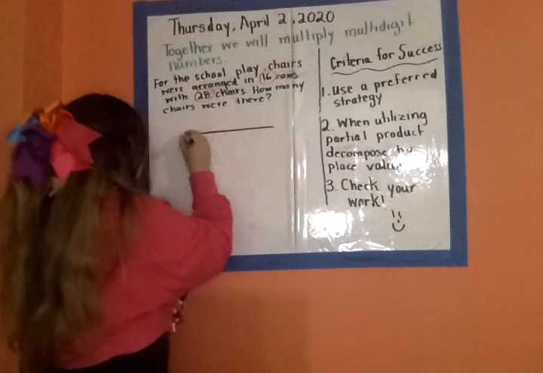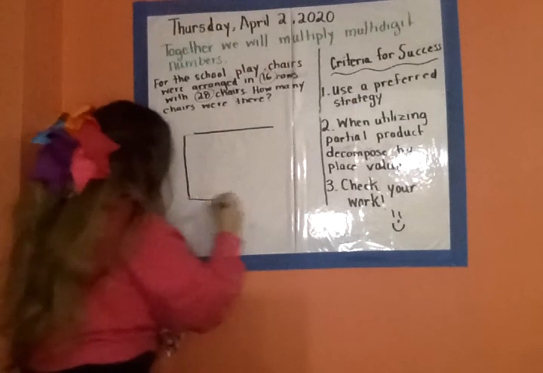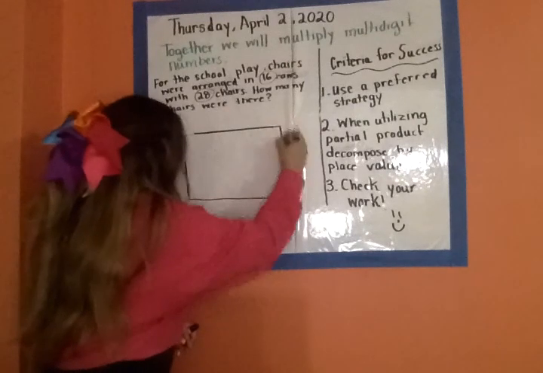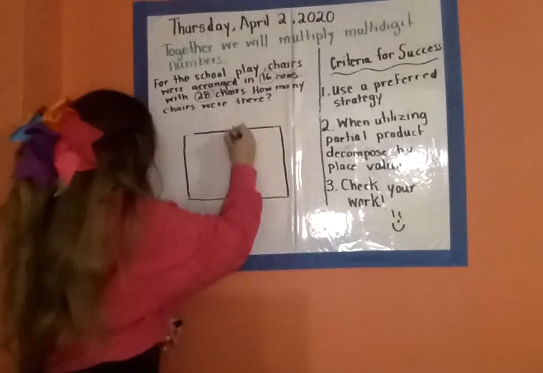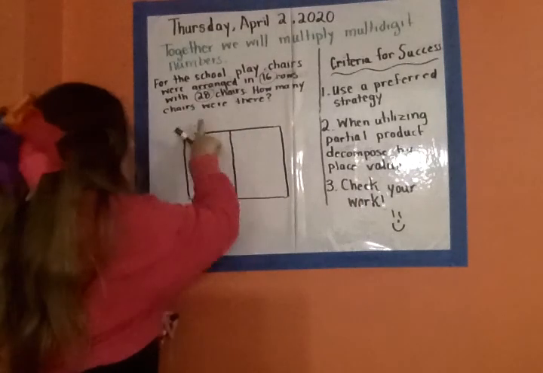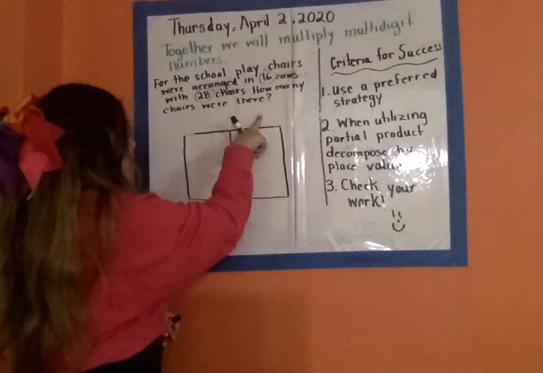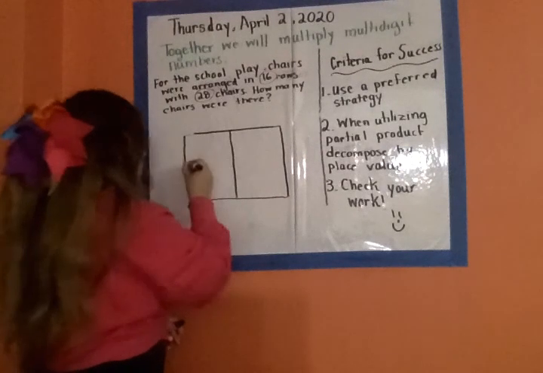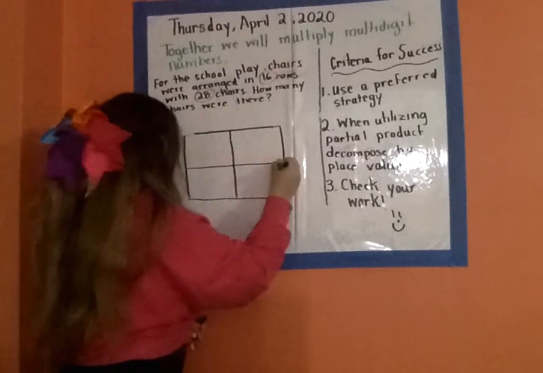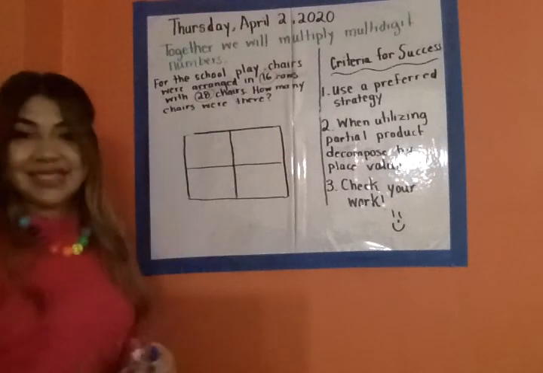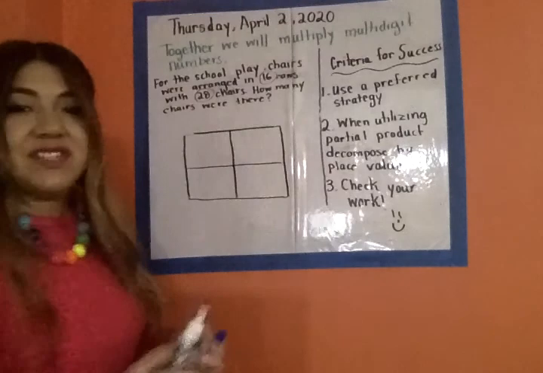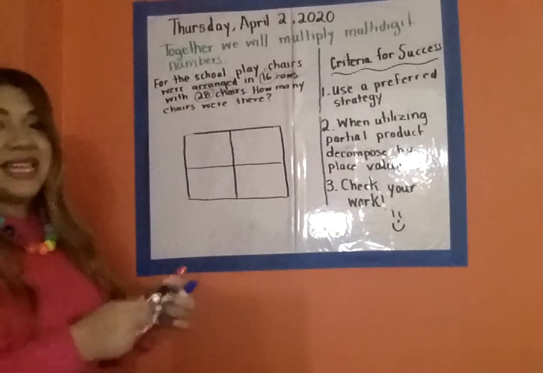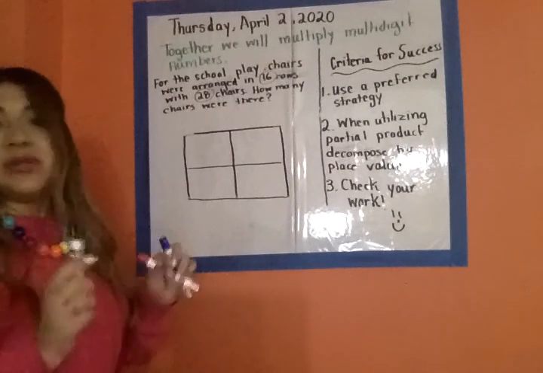I'm going to try to make it nice and big for us, with two spaces for the two numbers here and two spaces for the two numbers here. Okay? Next, I think what's going to help us visualize this for some friends is possibly using colors, right?